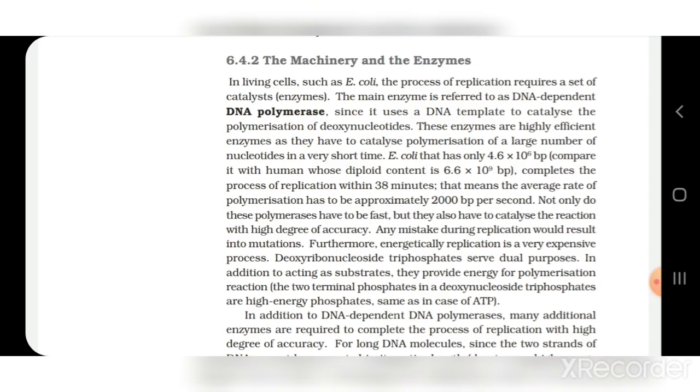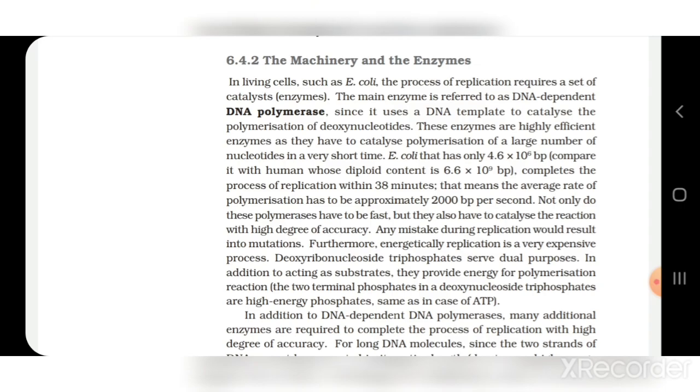Now, what are the enzymes used in DNA replication? The first one is helicase. Since we need to unwind the DNA in the first step, it is carried out by the enzyme helicase. These are special unwinding enzymes that help in breaking the weak hydrogen bonds which hold the two strands of DNA together. Next is topoisomerase, which are enzymes that break and reseal one strand of DNA.